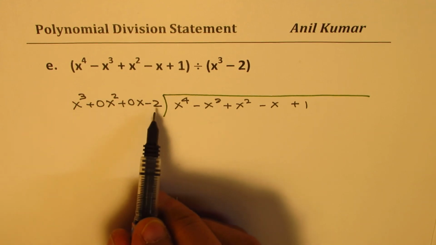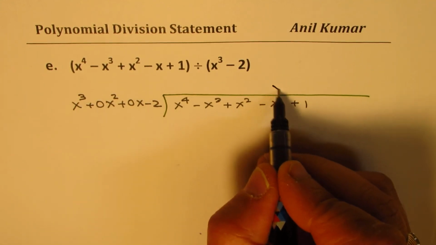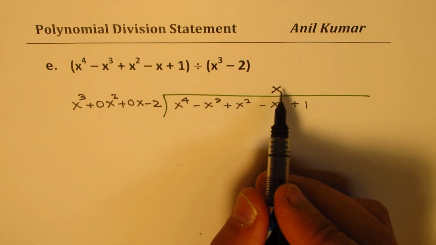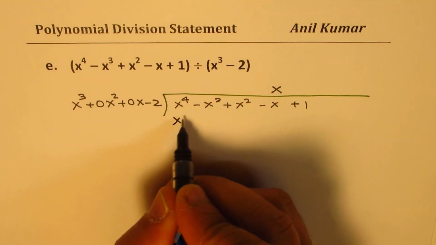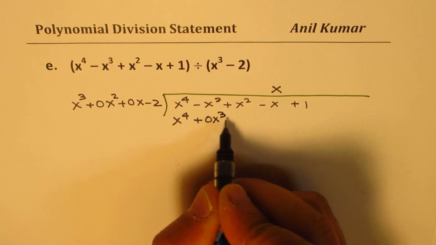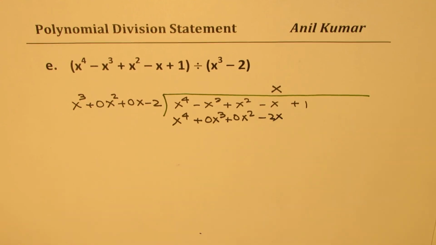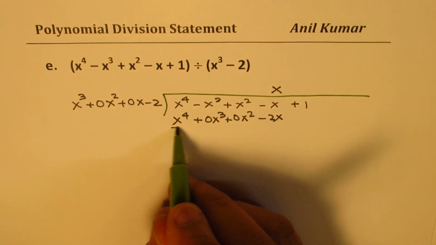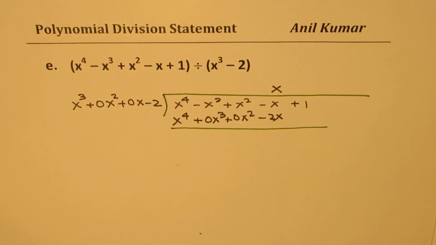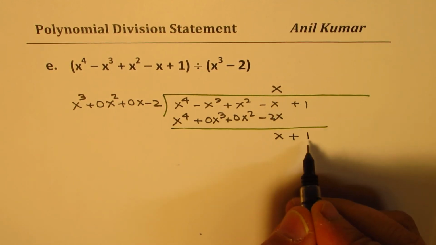Now there are 4 terms and therefore we'll engage 4 terms. So we should be multiplying by x that goes into the quotient. So we get x to the power of 4 plus 0x cubed plus 0x squared minus 2x. Now if we take away, what do we get? We get x plus 1 as our remainder.